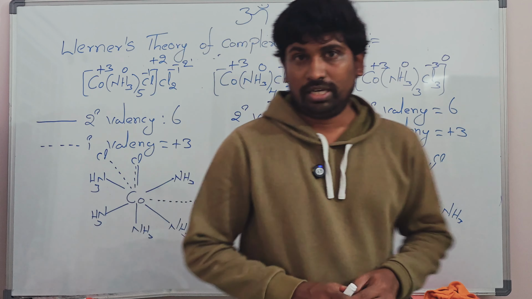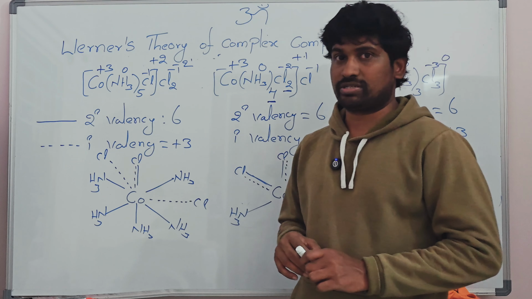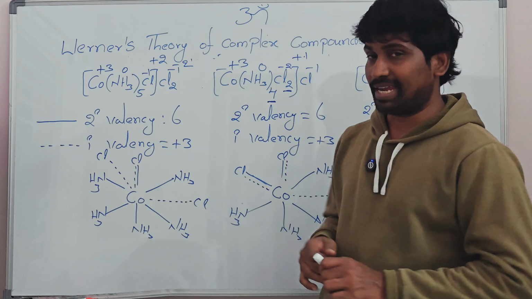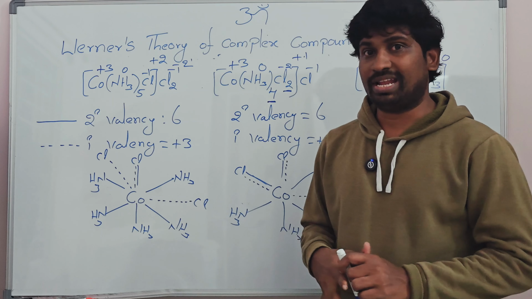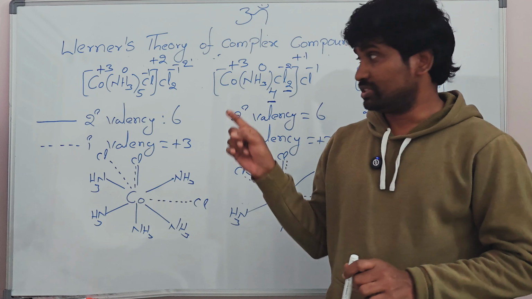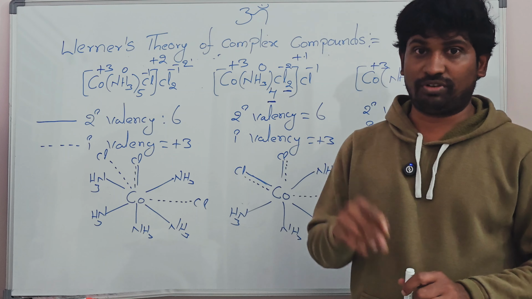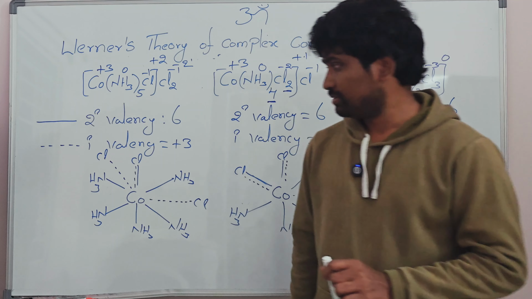Here these ligands are monodentate ligands. If bidentate ligands are present, how do we represent them? How do we identify the primary valency and the secondary valency? That is important for NEET and JEE students. For both NEET and JEE students, look at those examples also.